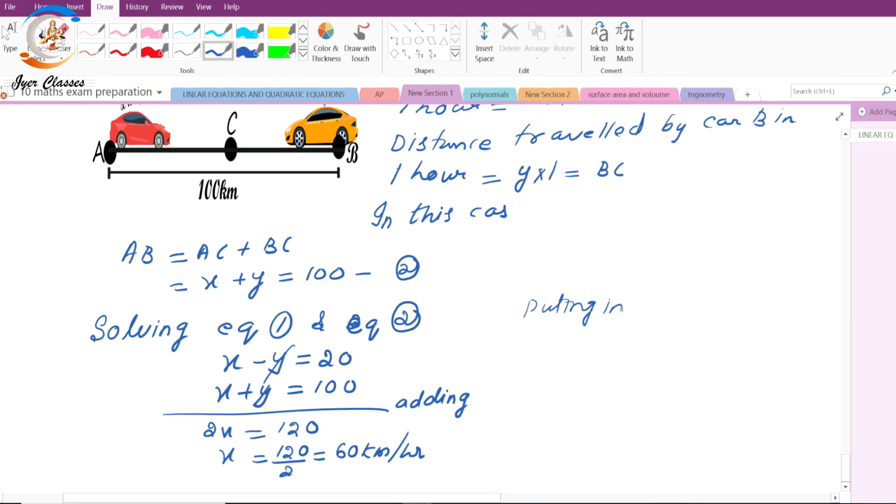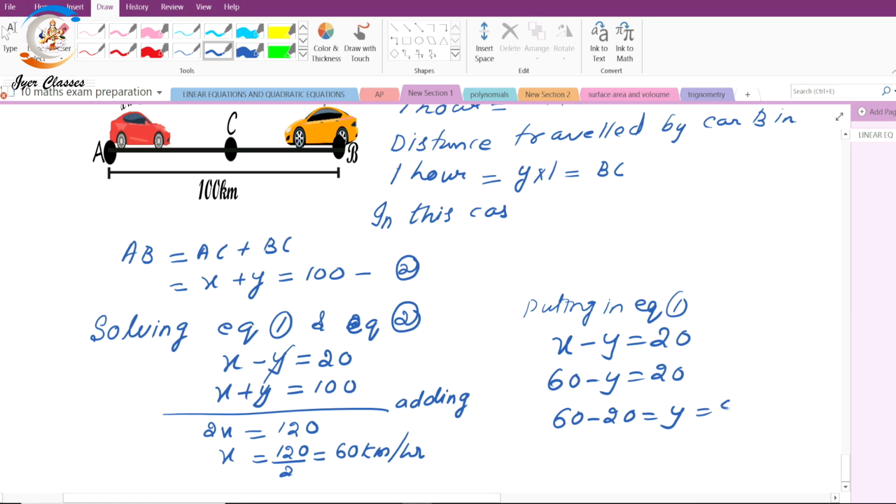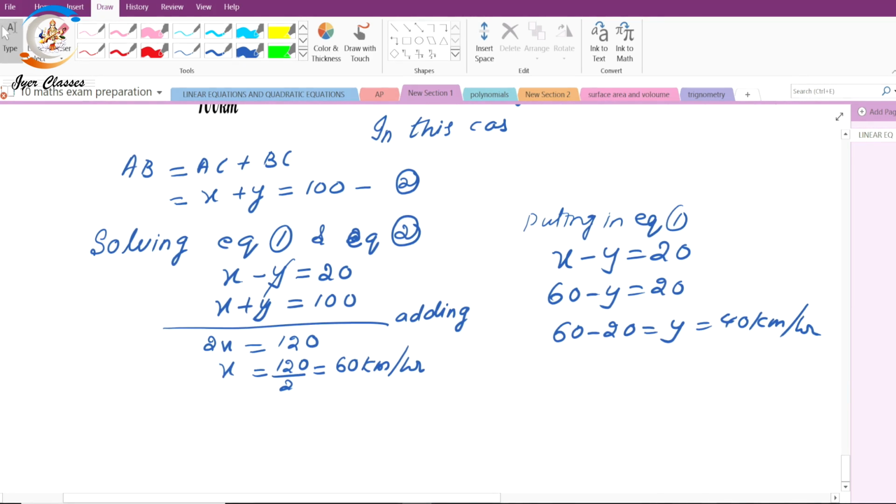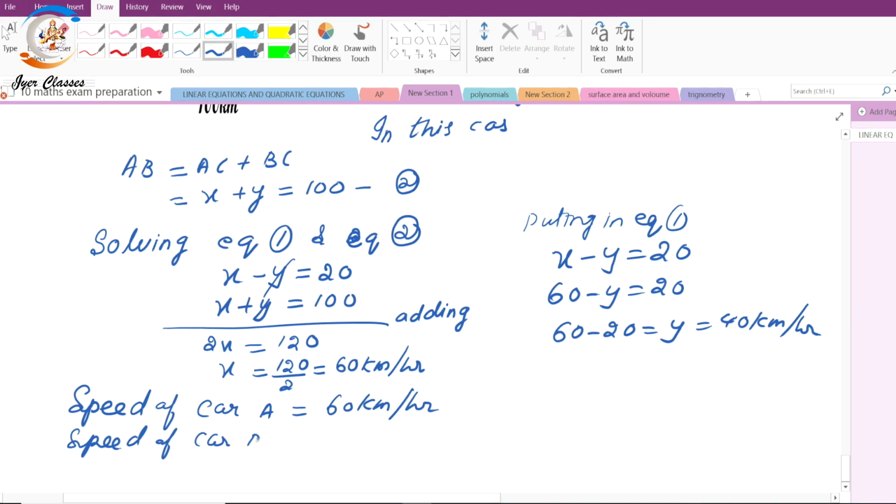And putting in equation number 1, x minus y is equal to 20. So 60 minus y is equal to 20. So on solving, you will get 60 minus 20, it is equal to y, which is equal to 40 kilometers per hour. So then you have to write here the speed of car A, it is 60 kilometers per hour, and the speed of car B, it is 40 kilometers per hour.